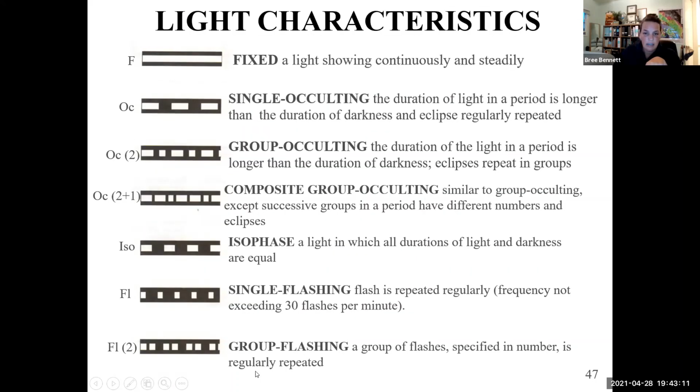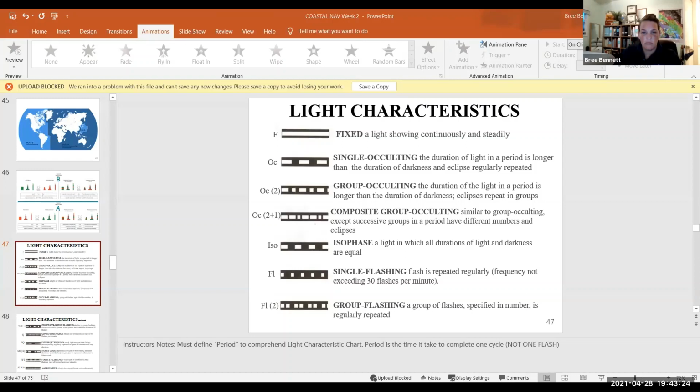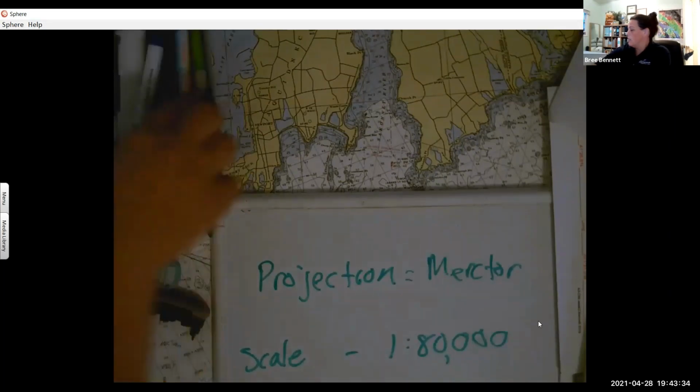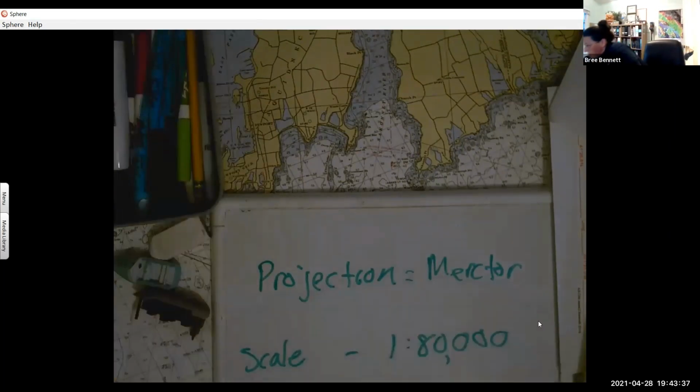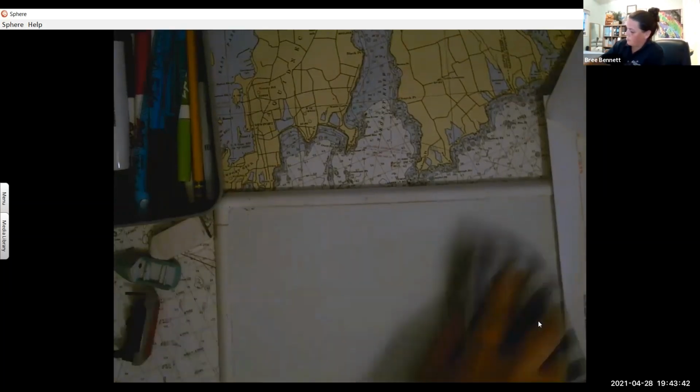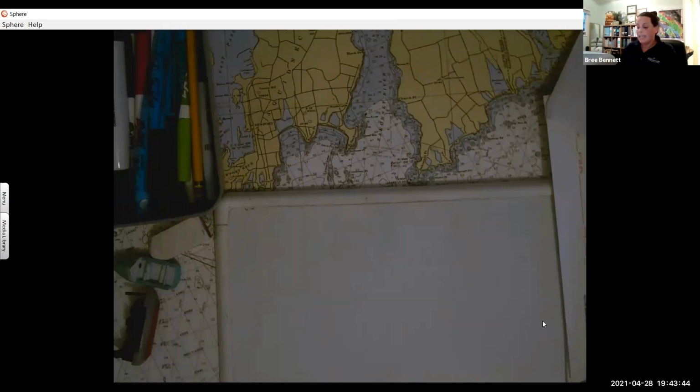That being said, when you're looking at your light characteristics, and it says 6 seconds or 10 seconds, that's from the beginning of the cycle to the beginning of the next cycle.